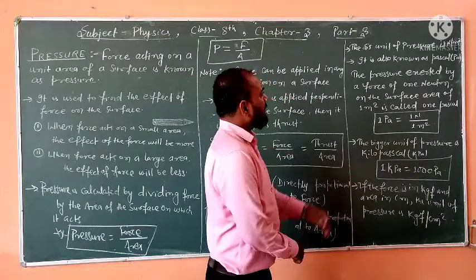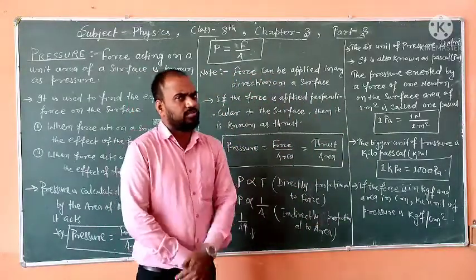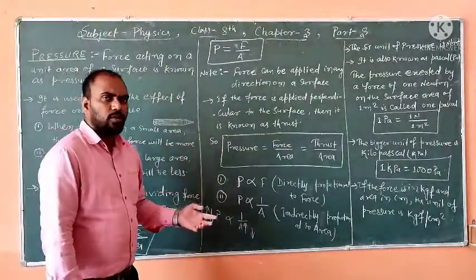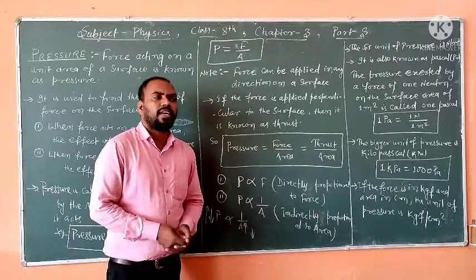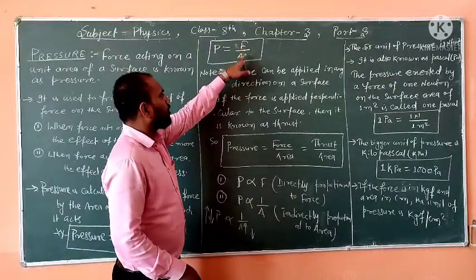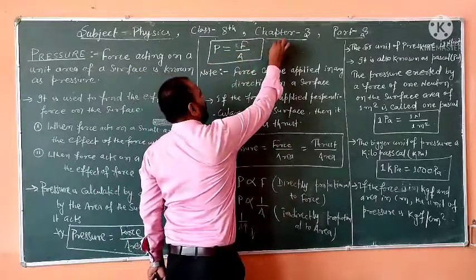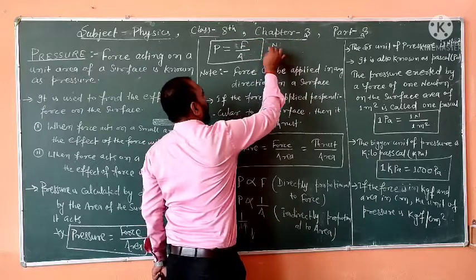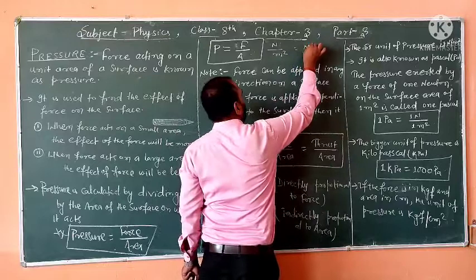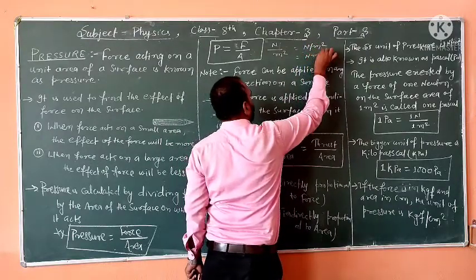Now, the SI unit of pressure is Newton per meter square. Why? Because the SI unit of force is Newton, while the SI unit of area is meter square, and pressure is the ratio of force and area, so it becomes Newton per meter square, or you may write Newton meter inverse square.